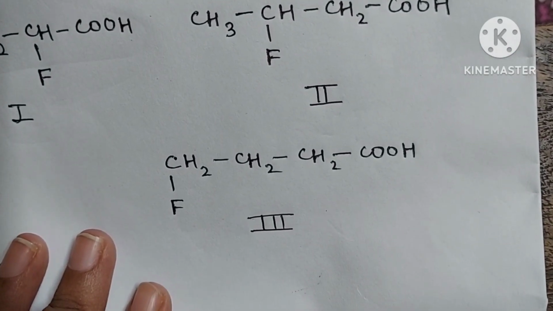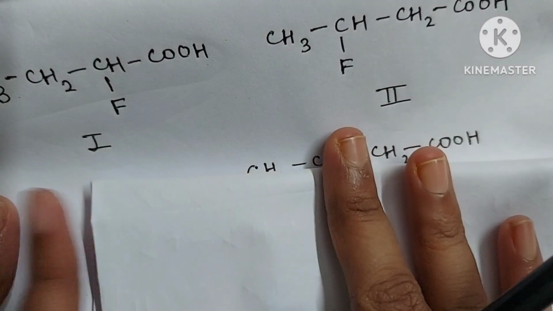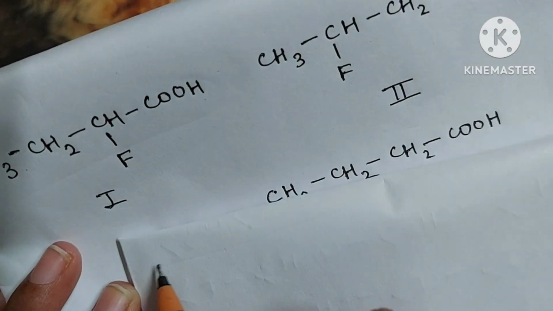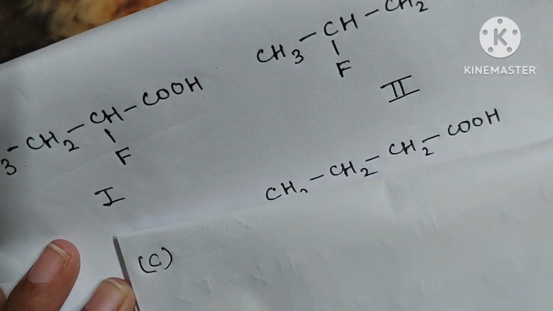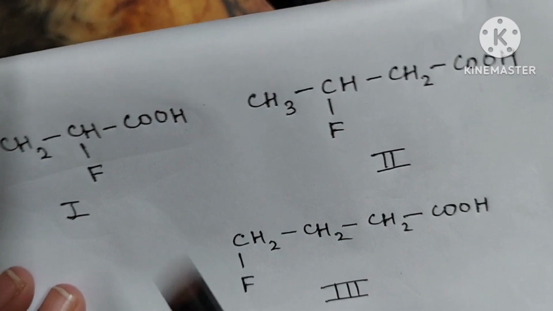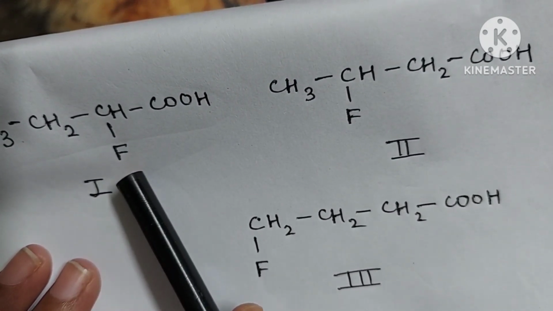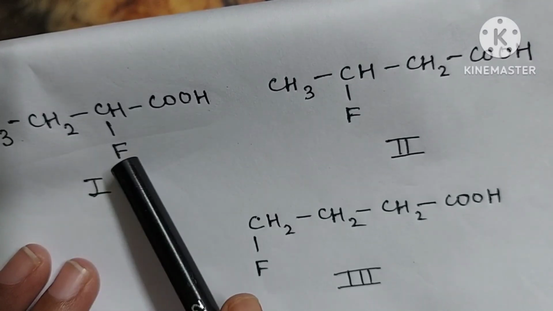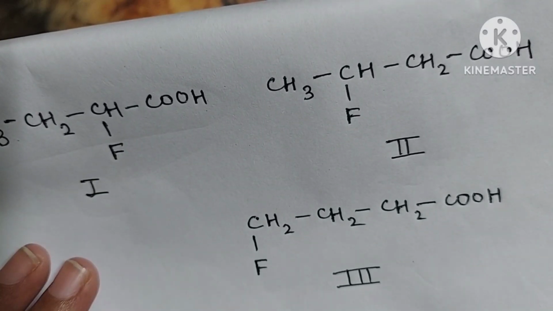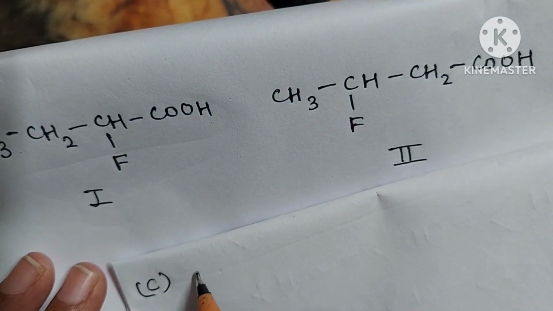Okay. So if we see the third question, what will be the answer? We know fluorine has a minus I effect, and acidic strength is directly proportional to the minus I effect, and here the minus I effect will be the greatest in the first structure. Therefore the greatest acidic strength will be in the first structure.